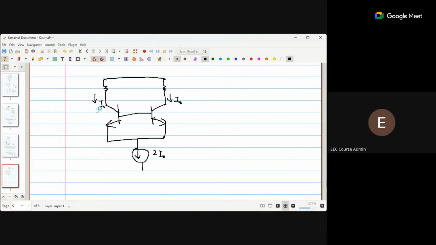I mean, when it is equally flowing on either side and summing up here as 2 I naught, and when you have the entire 2 I naught on one side and 0 on the other side, I mean, the other transistor is off. Explain the differential amplifier operation. Can anyone explain?